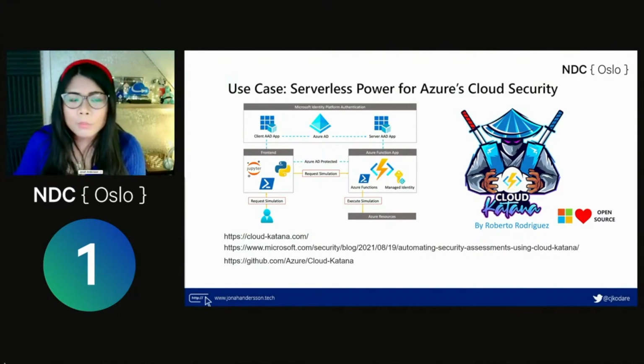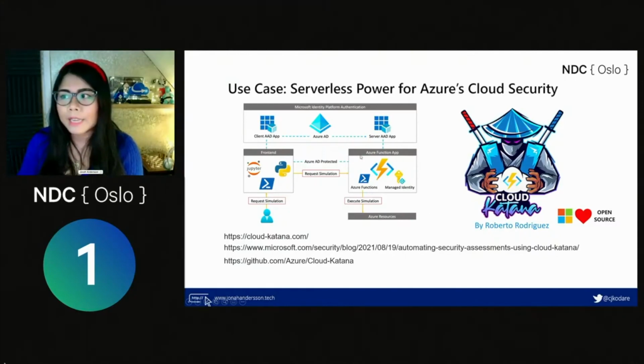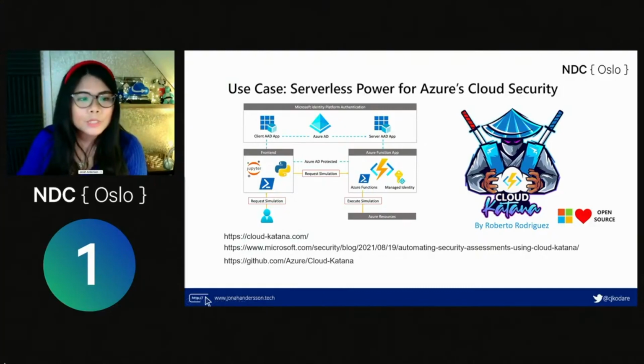So what it is, it's coded in PowerShell, and then it uses durable functions to simulate attack and defense in the cloud through Azure AD. And this is open source. And as far as I know, Roberto is looking for contributors to contribute in cloud security using serverless and the technologies that we have. So if you're interested, you can check it out as well.